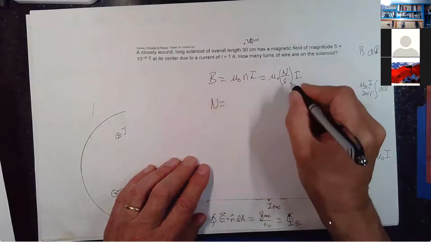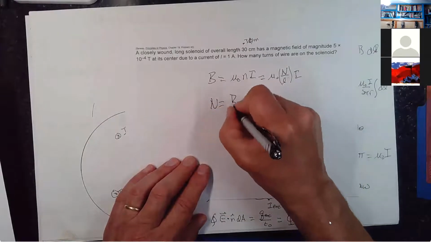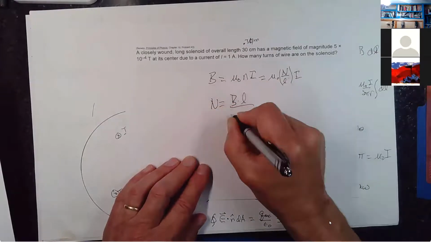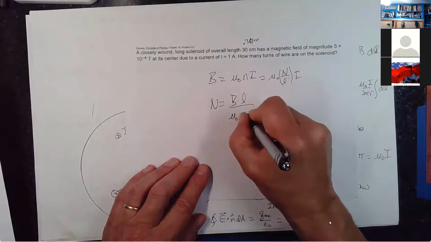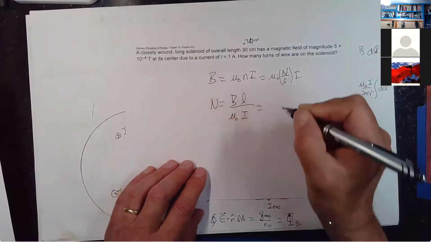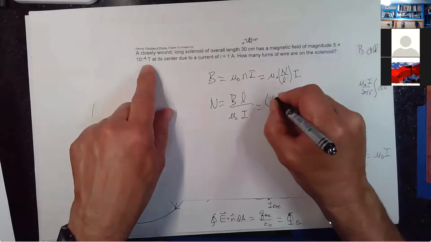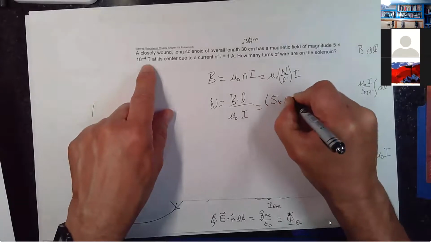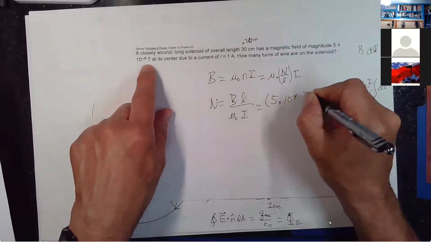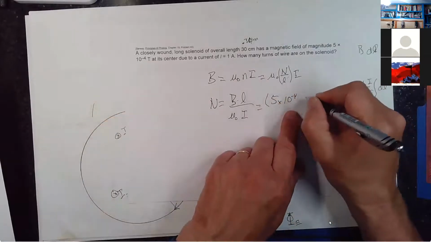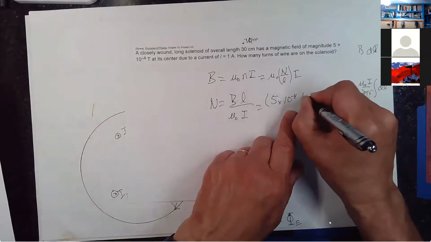N is going to equal B times L divided by mu naught I. And we'll get some number here. 5 times 10 to the minus 4th Tesla. But what were the units on a Tesla?